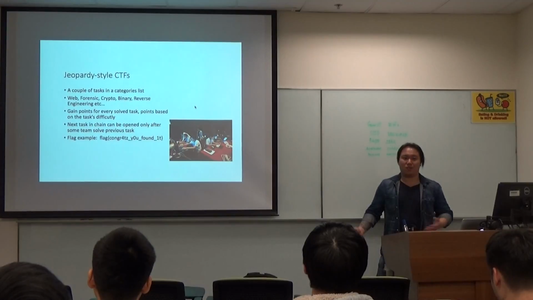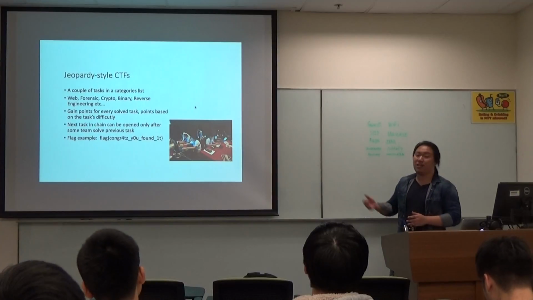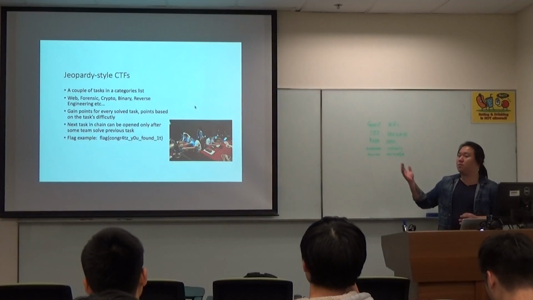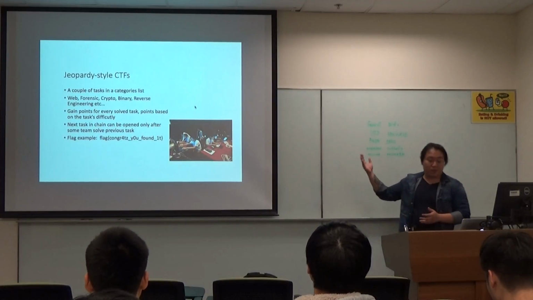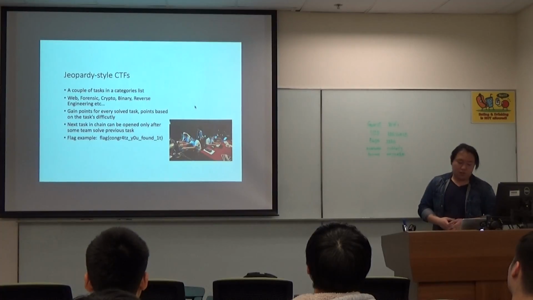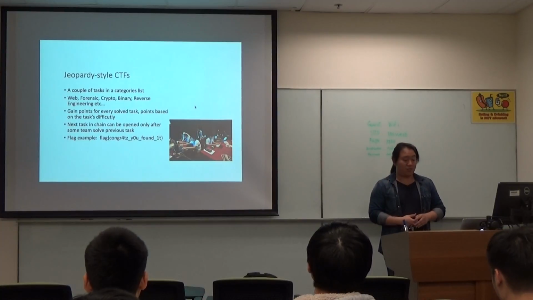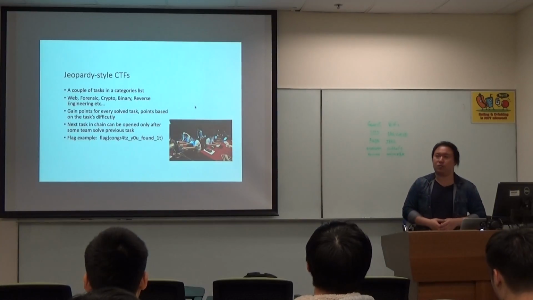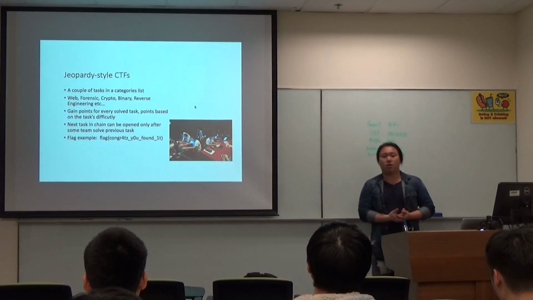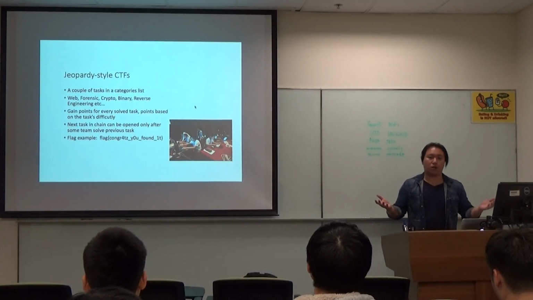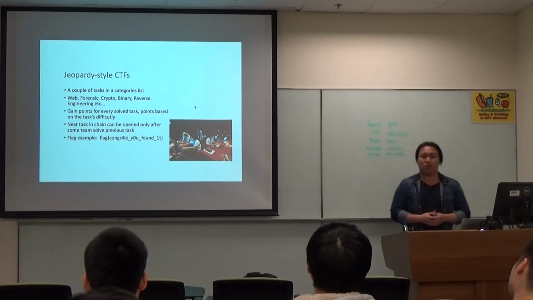I think last time you already learned the introduction to CTFs, so I'll just describe it roughly. Basically, there are two types of CTF. One is attack-defense, and one is Jeopardy-style CTF. In this one, we give a lot of different tasks in different categories. We may have web, pwnable, reverse engineering, and we may also have forensic or cryptographic challenges. The points are based on the task difficulty.